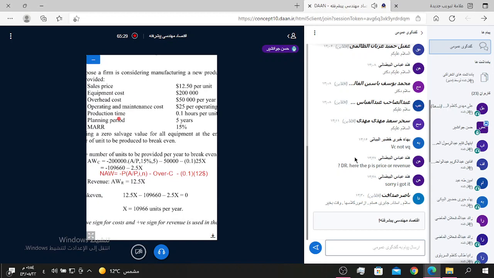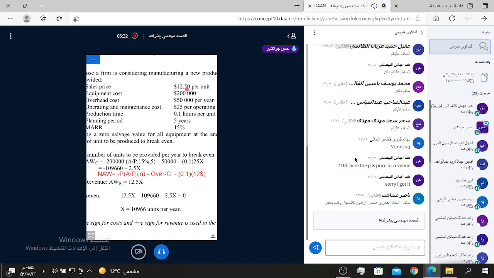The example said the sales price is 12.50 per unit.